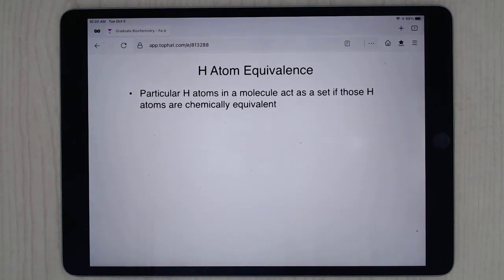Now, one of the things we have to do is learn about how the signals are produced. In order to be able to produce a signal, you have to be chemically distinct from the other hydrogens. So what we need to do is learn about hydrogen equivalence.